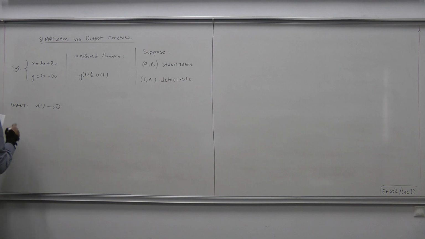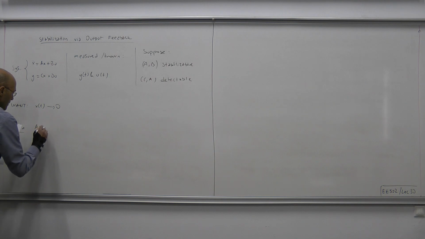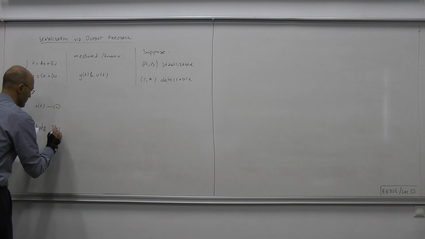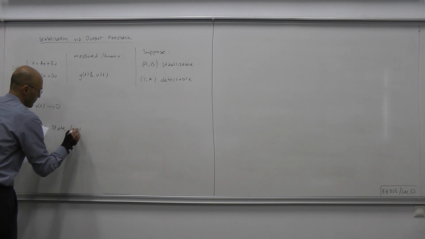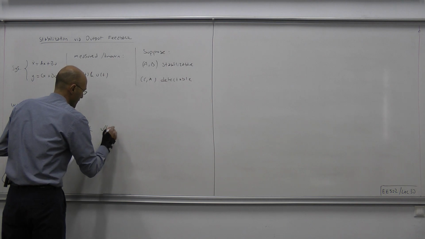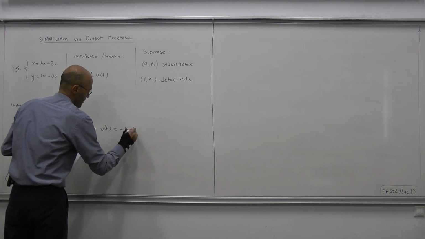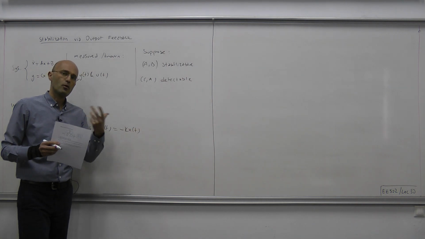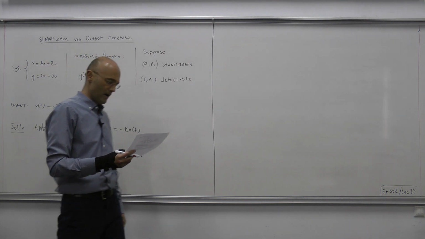Now, here is the first thing that comes to mind. Apply state feedback u of t equals minus K x of t, where K is a properly chosen feedback gain.